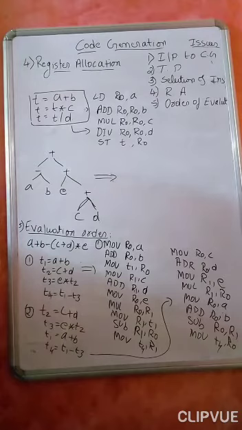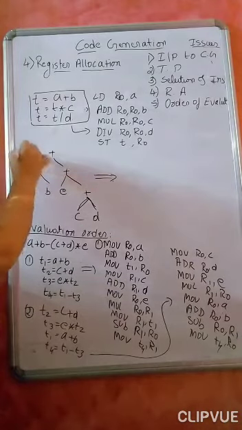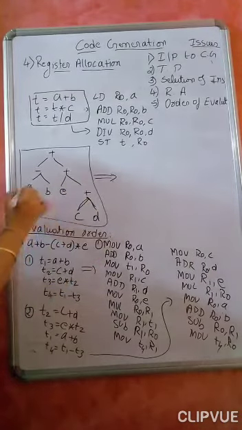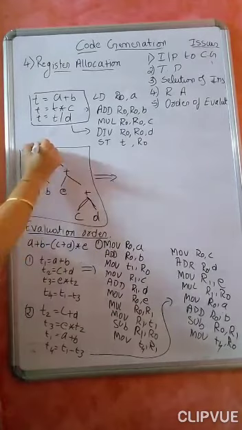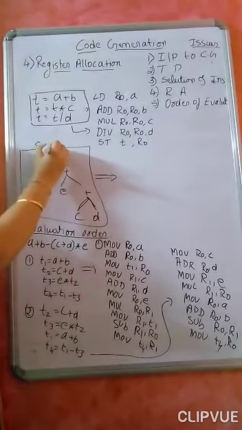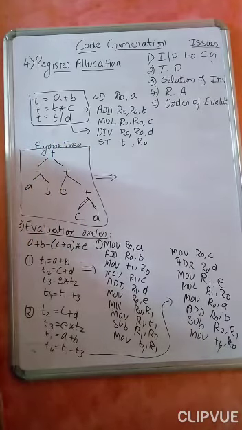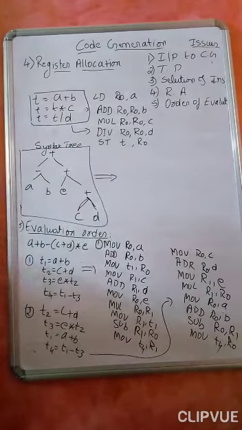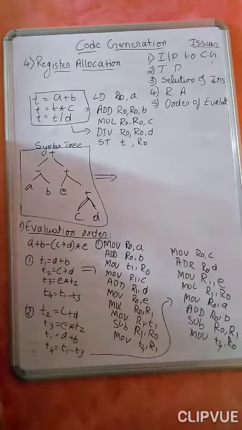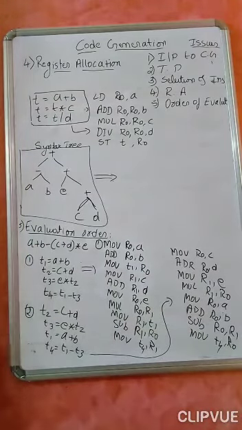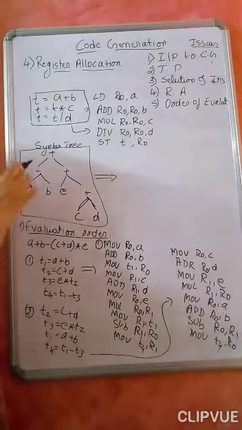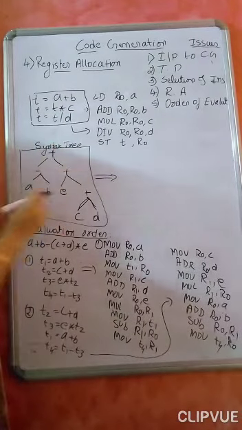Now let us consider this intermediate representation. What is this intermediate representation? It is nothing but a syntax tree. It is also one of the intermediate representations. When I consider this one, how many operands are there?